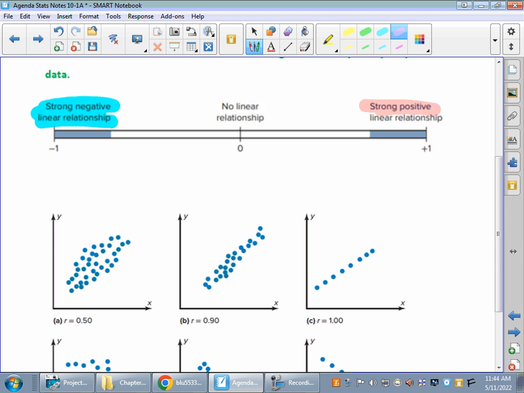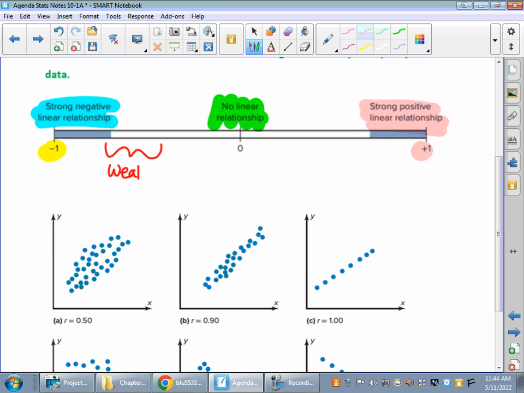Strong positive relationship, the closer you are to +1. Here's the thing, don't forget, the closer we are to 0, 0 is really no relationship at all. So 0.018 is probably not much of a positive relationship. So we start getting weaker.